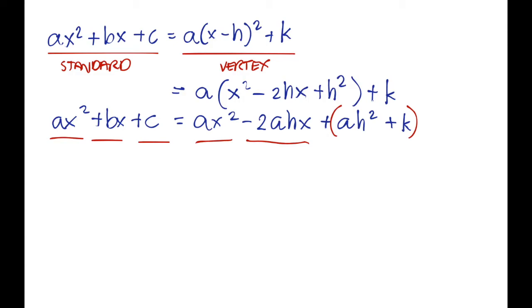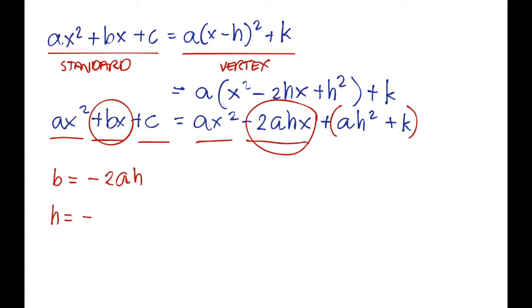Since our h is this one, then we are going to equate that by this, but without the x. So, let's say b is equal to minus 2ah, and since we need to get the h, then h is equal to negative b over 2a. This is our h.